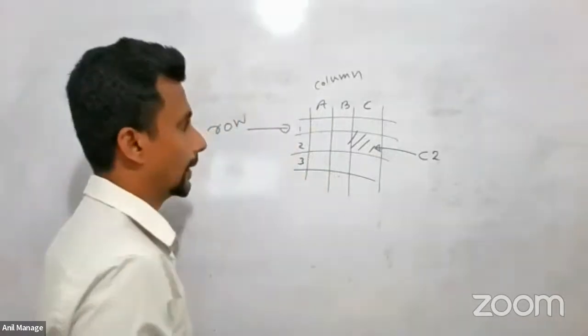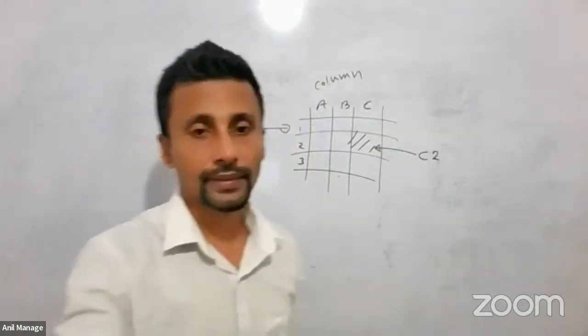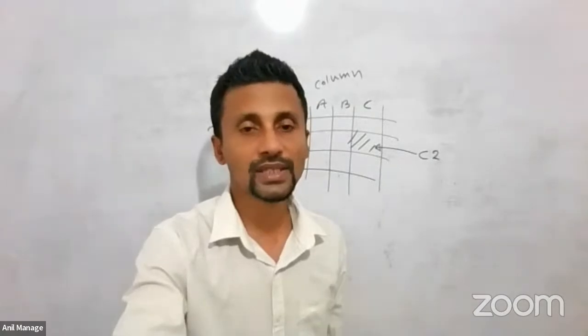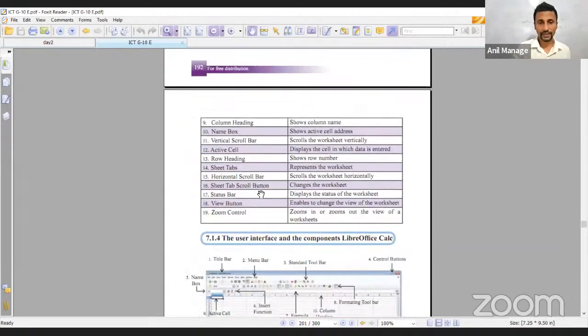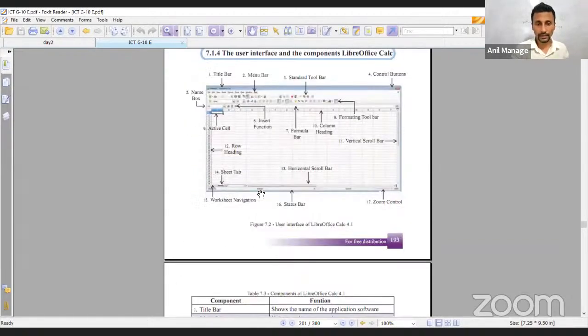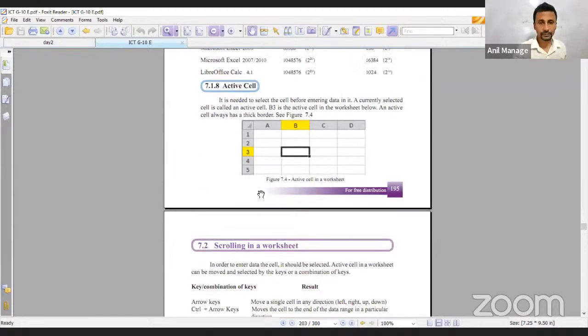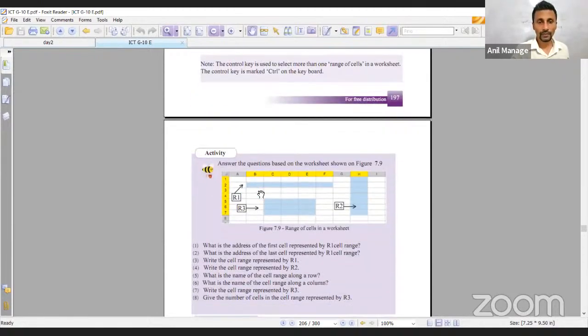Now here you have different cell ranges. You should be able to select some cell range. That is one question you will get, cell ranging. I will go to the exercise directly from the book.